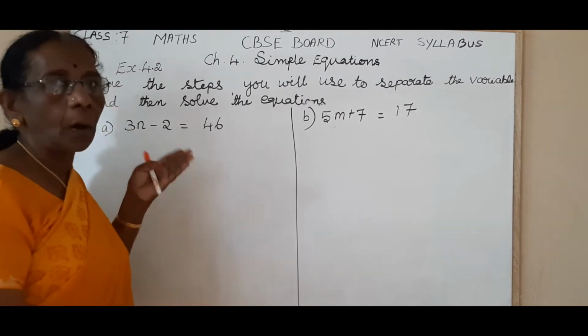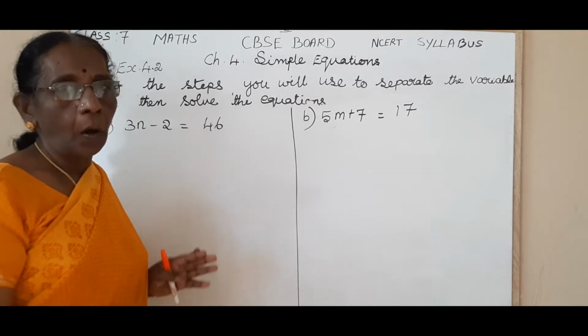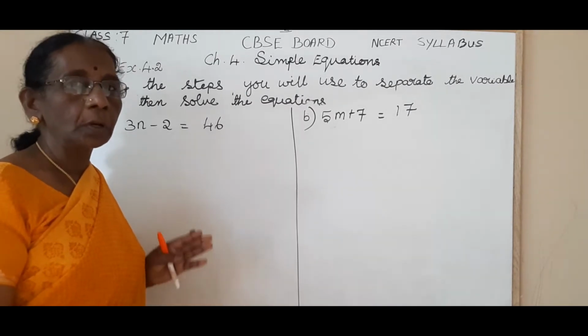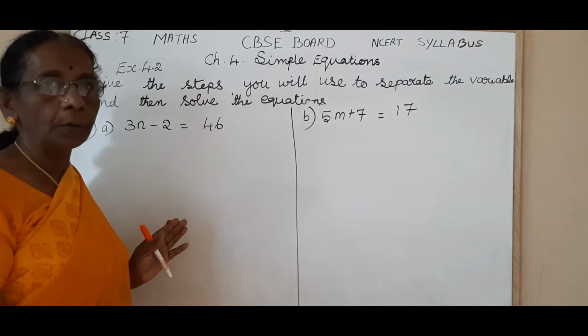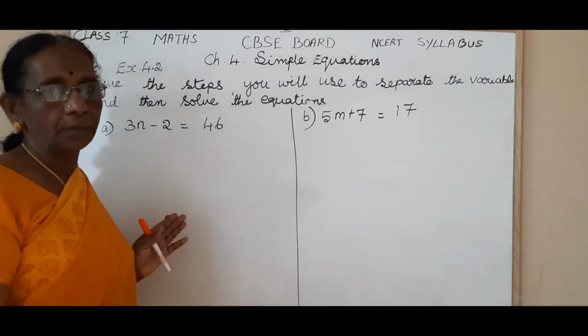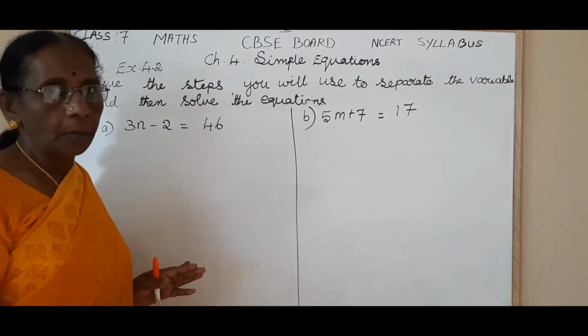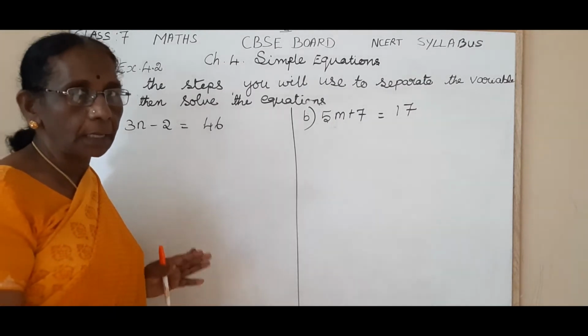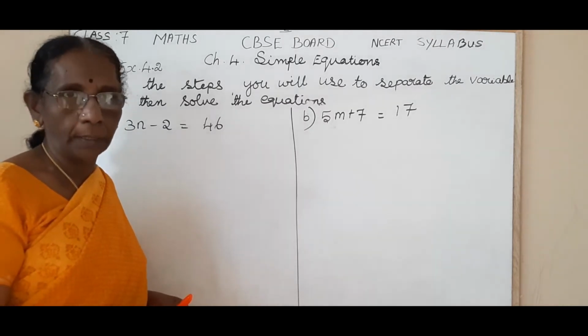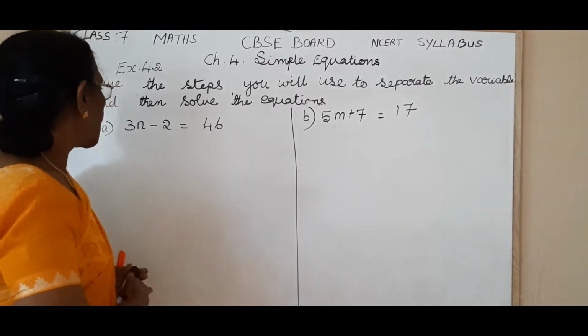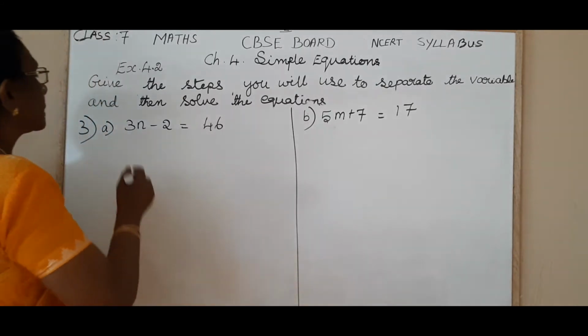Always you should do the addition and subtraction first, then only move to the multiplication or division. Then it will be very easy for us to do. Otherwise, it will be very complicated. So what should you do?